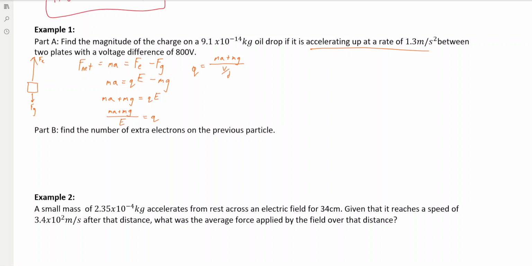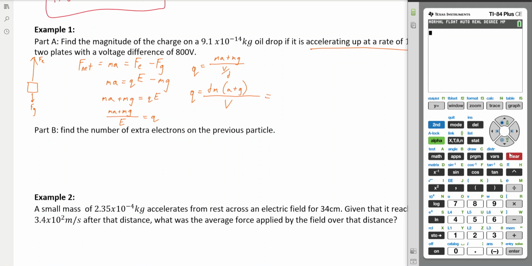We can move the D on top, so Q equals, and we can also take the M out of the brackets, GCF out the M. And so now we have this formula here, and now we can go ahead and plug it in our calculator and solve it.